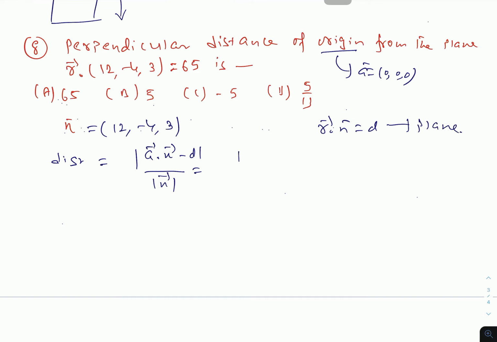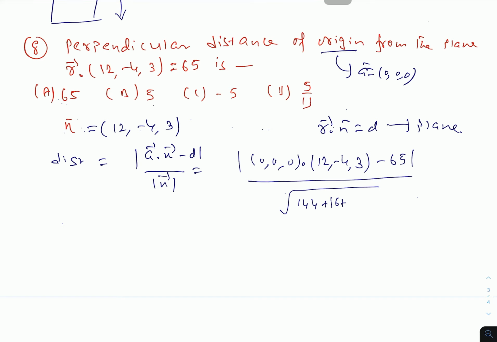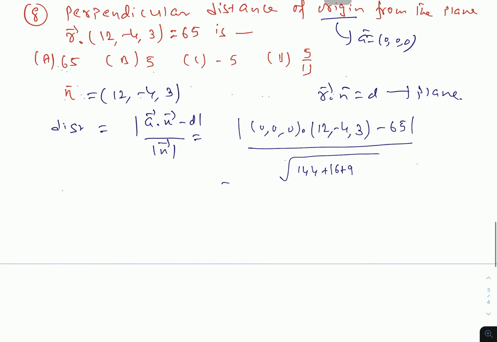So now this is equal to a bar is 0, 0, 0, and its dot product with n, 12, minus 4, 3, then minus 65 over root 144 plus 16 plus 9. So this is nothing but 65 upon root 169, so that is 13. So answer is 5. So option B is there.